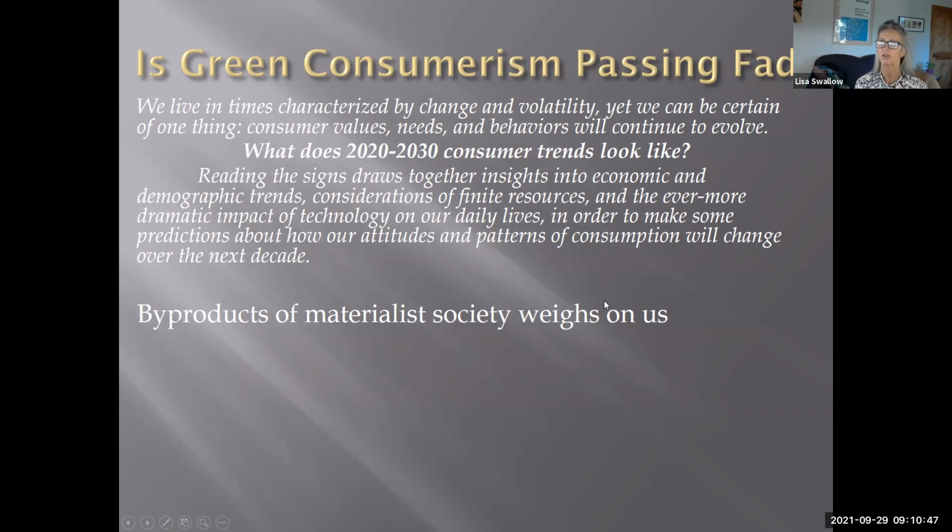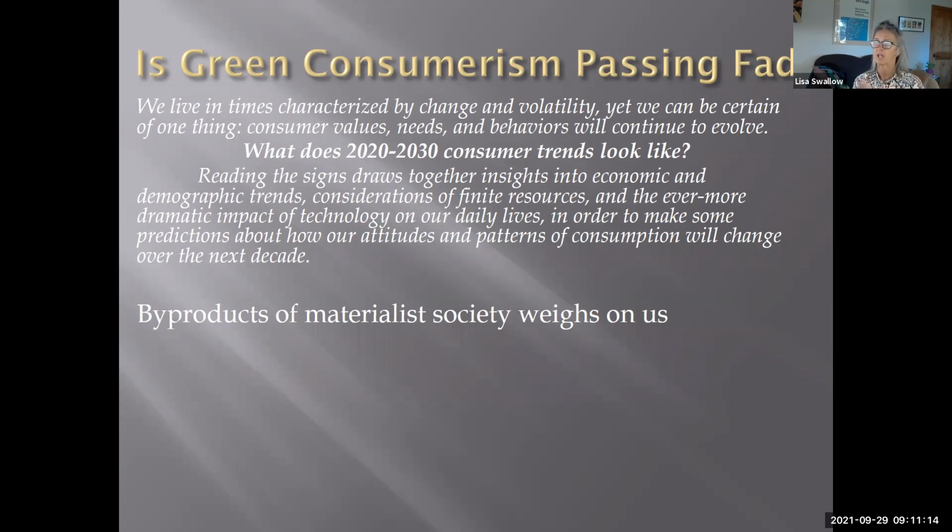So what marketers are doing, what business managers are doing, what sustainability directors are doing, which, by the way, in companies are called CSOs, Chief Sustainability Officers. We're seeing a huge rise in them, which means that companies are valuing this right up there with their chief executive officer and their chief financial officer and their chief information officer.